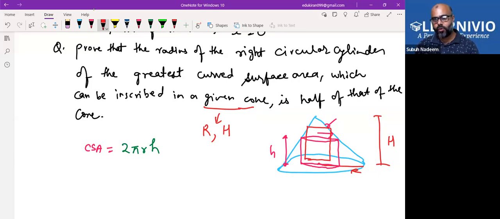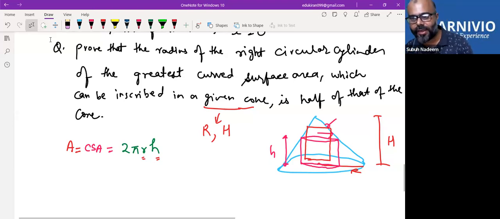If you want to find the greatest curved surface area, let us denote it by capital A. It depends on two things, r and h. But you can't differentiate with respect to r and h both. You have to bring it in terms of one variable. So how can you bring it in terms of one variable? First write this, then I will tell you.